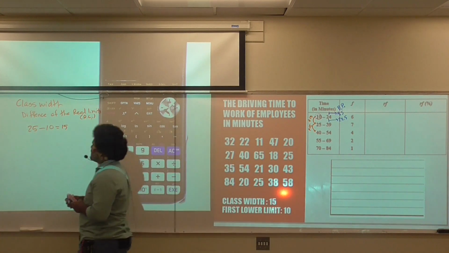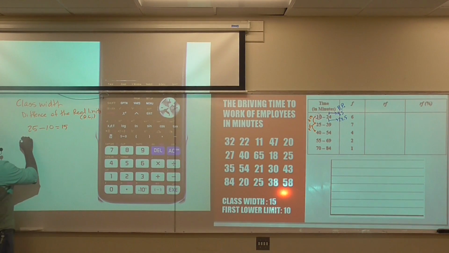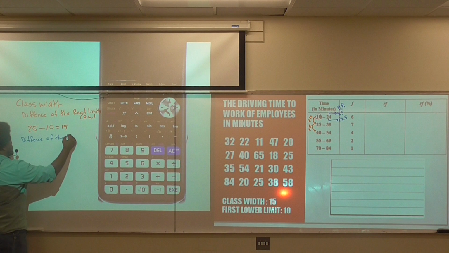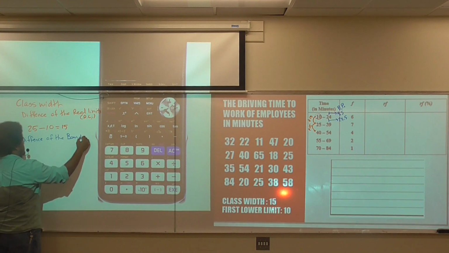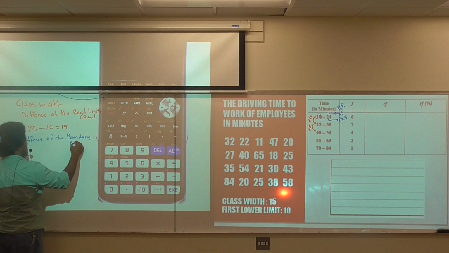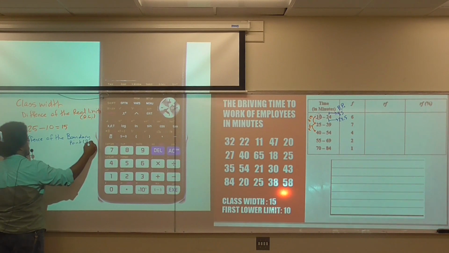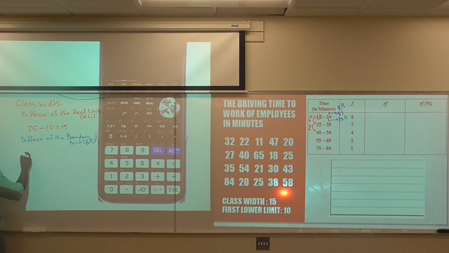You get the difference of the boundary points: 24.5 minus 9.5, and when we subtract, you still get 15.